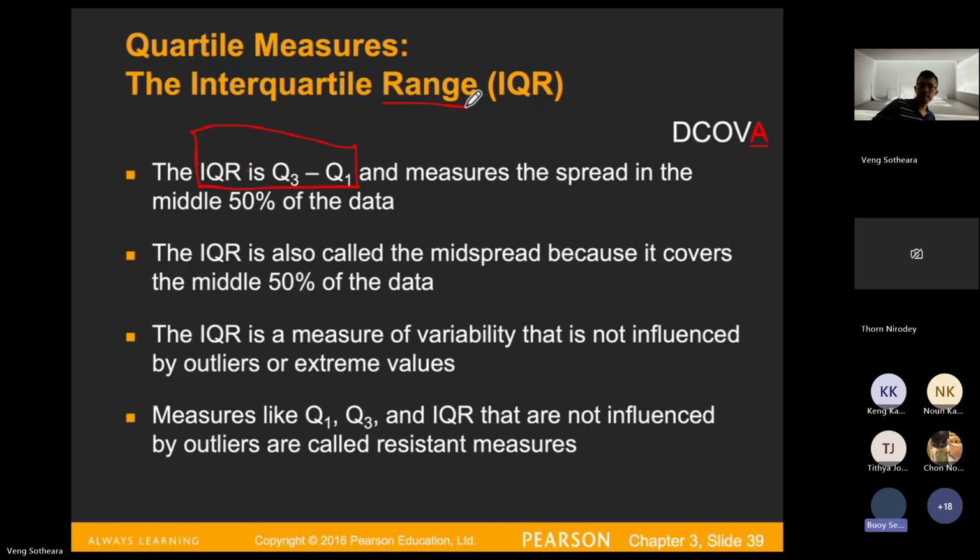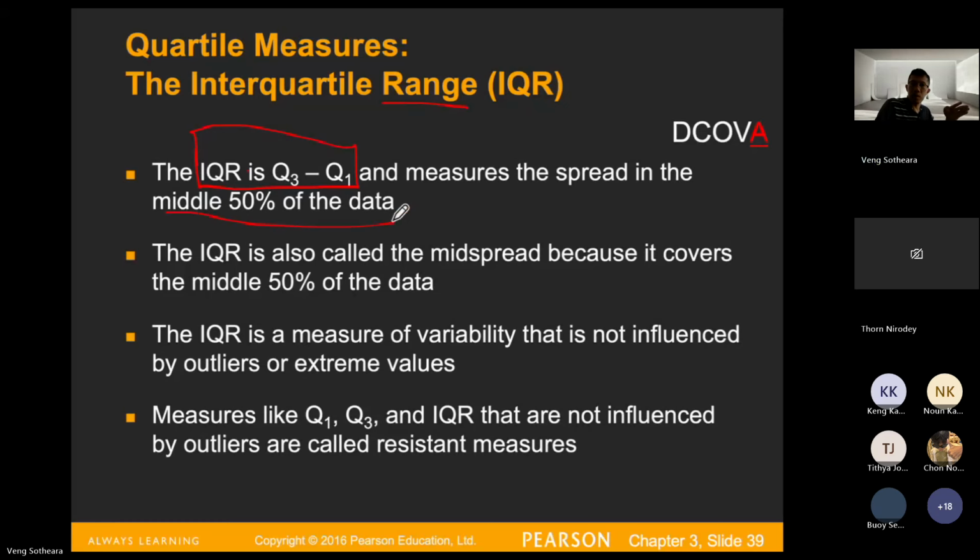Measure of spread, right? So range just tells us how much the data is spread from the smallest to the largest. But this special range called IQR is intended to measure the spread of the middle 50% of the data only, not the whole data.